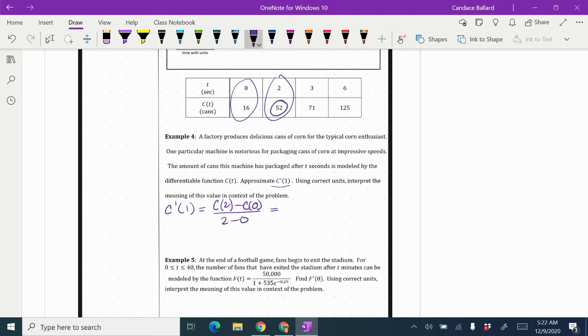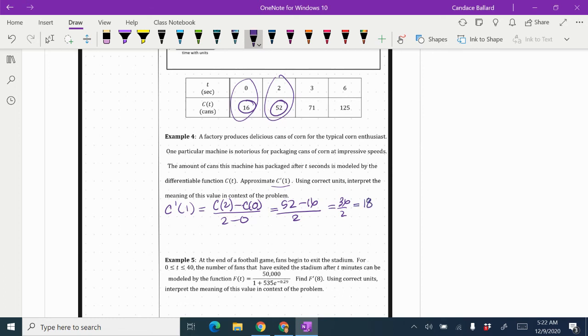So c of 2 is 52, and c of 0's y value is 16, all over 2. And then 52 minus 16 is 36 over 2, which is equal to 18.